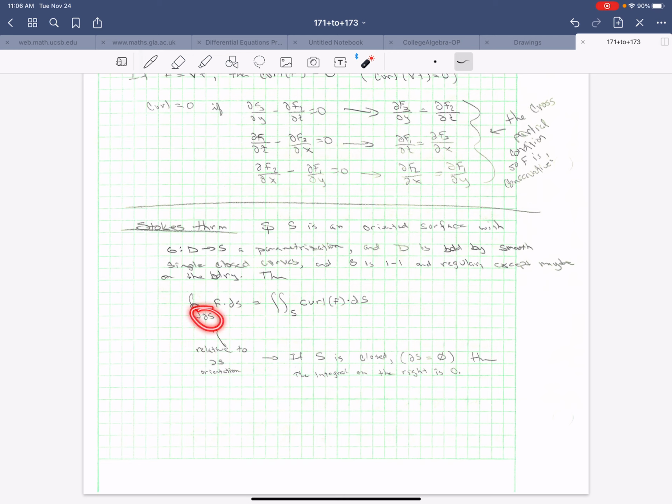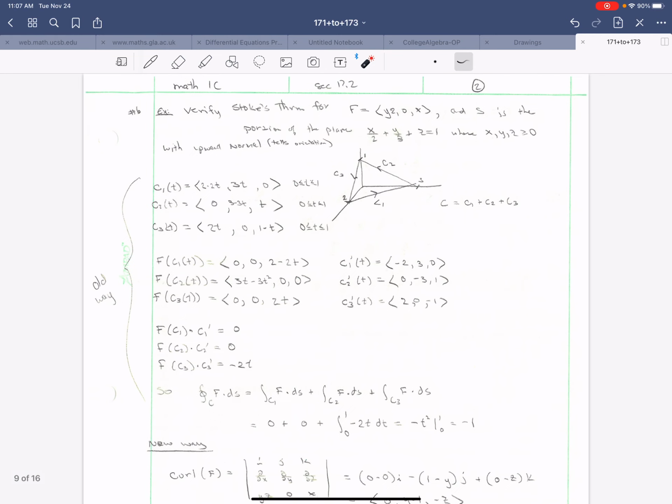This, though, needs an orientation, but it turns out that you can trade this out for something a little simpler in certain cases. Again, on this, we'll do this next time, but when I go through it, we have this plane, and this plane is in that first octant.